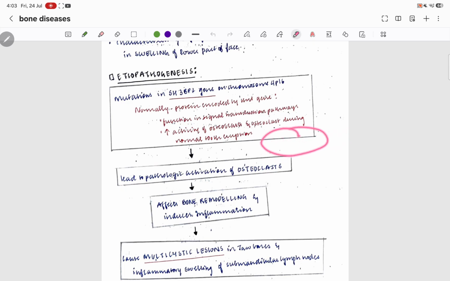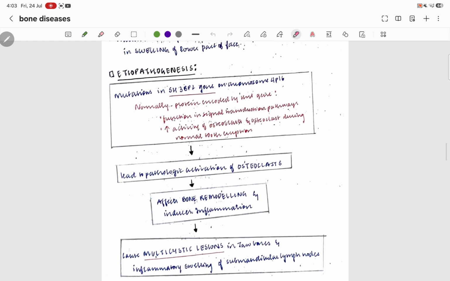You just have to remember SH3BP2. Moving forward with the etiopathogenesis, the protein normally has a function in signal transduction pathways and increases the activity of osteoblasts and osteoclasts during normal tooth eruption.